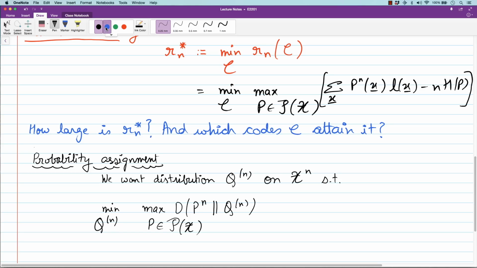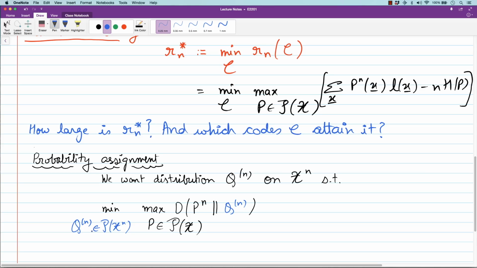And just for concreteness, remember that this Qn is a probability over X to the power n. So this can be beyond IID distributions.